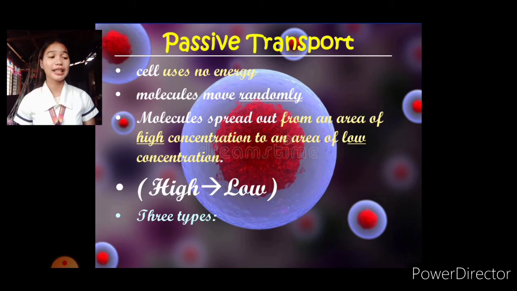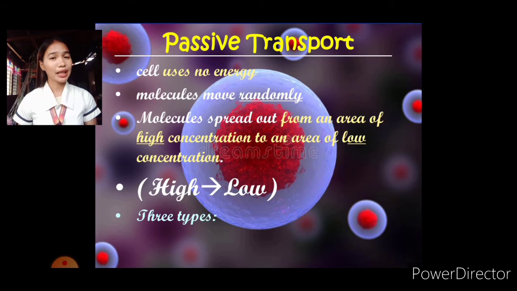Molecules spread out from an area of high concentration to an area of low concentration. Bear in mind, class, that in passive transport, the movement of the molecules is from high to low concentration.